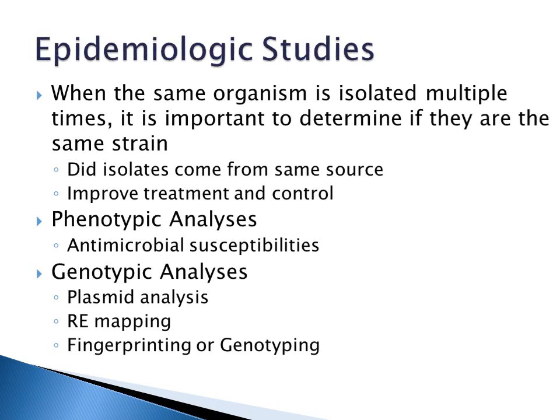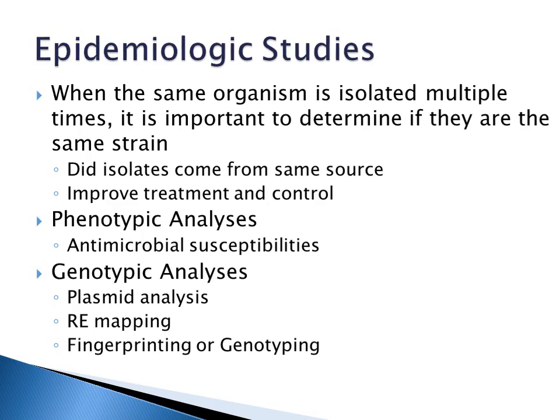Which brings us to epidemiologic studies. When the same organism is isolated multiple times, it's important to determine if these different isolates are the same strain. Did these isolates come from the same source? Knowing these things is going to improve treatment and control strategies.